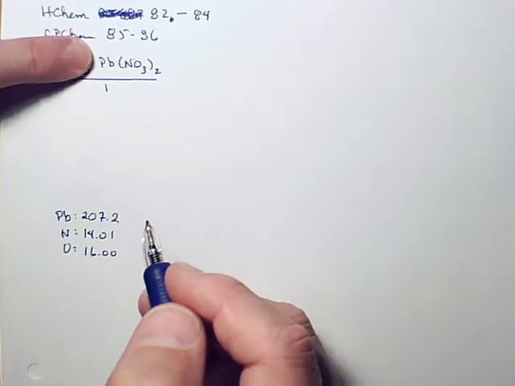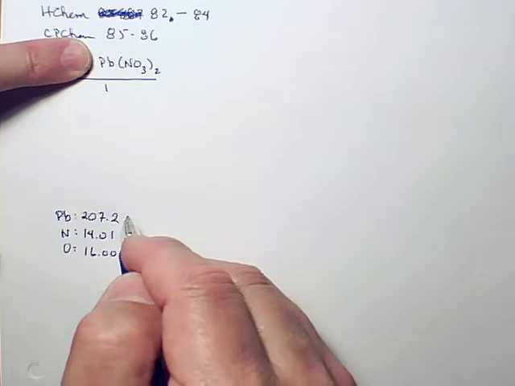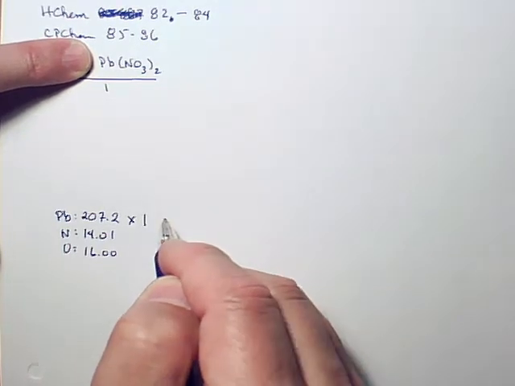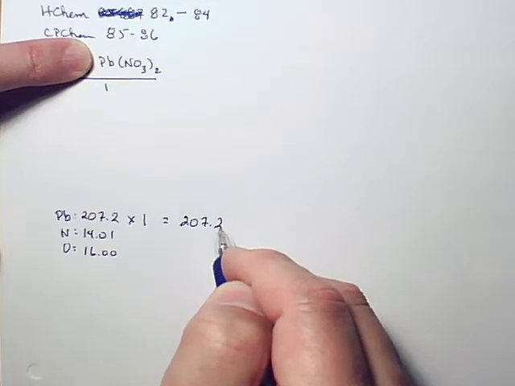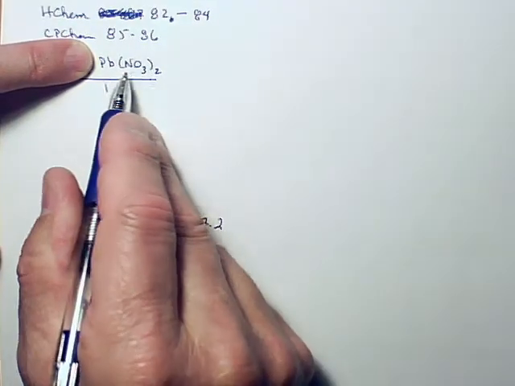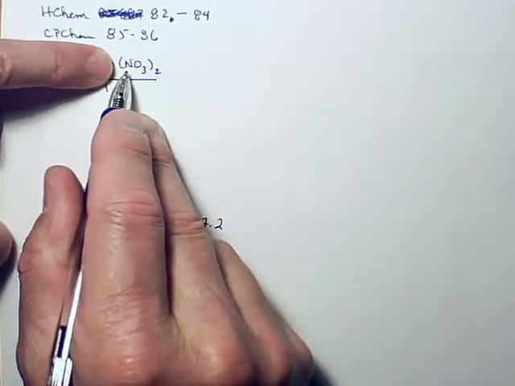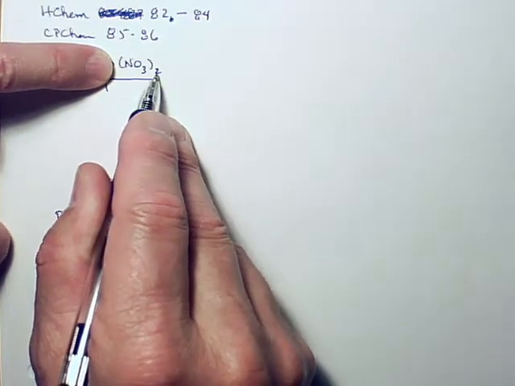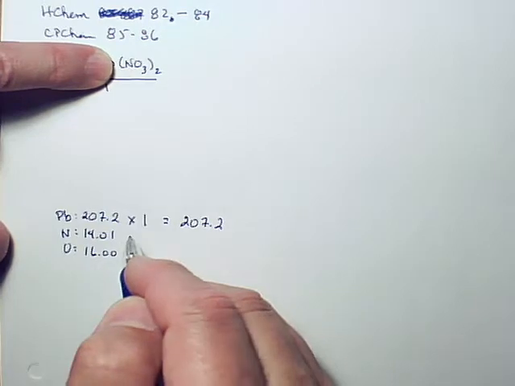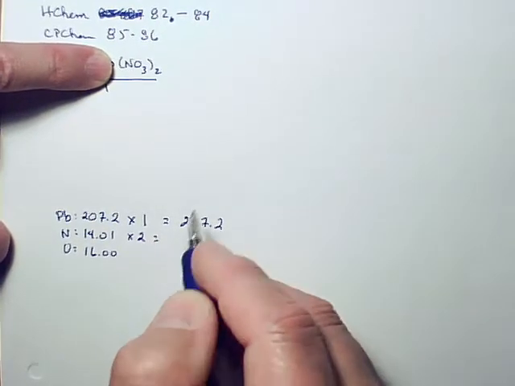And we're going to have only one lead here in the formula, so that's times 1. The nitrogen, I've got 2 outside the parentheses, only 1 nitrogen in this nitrate formula. So the 2 is multiplied times the 1. That means I have 2 nitrogens.